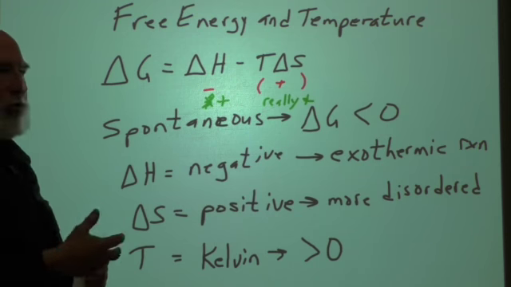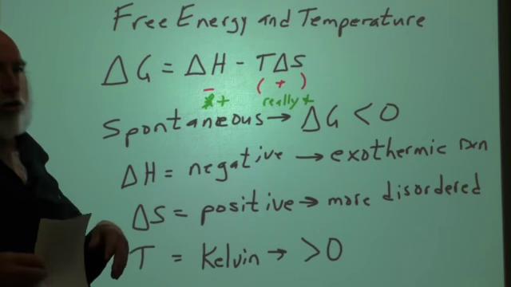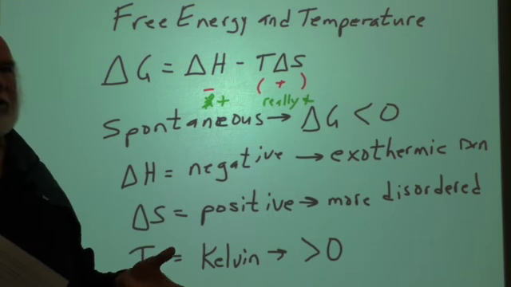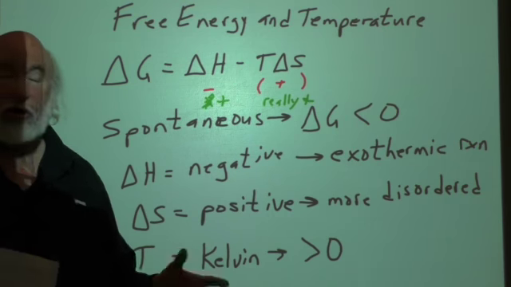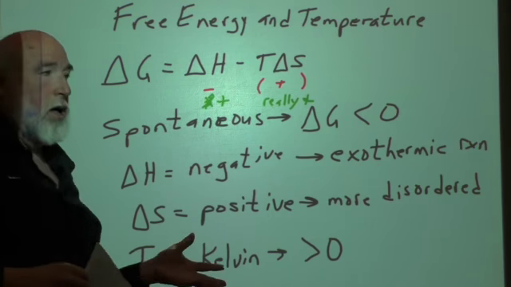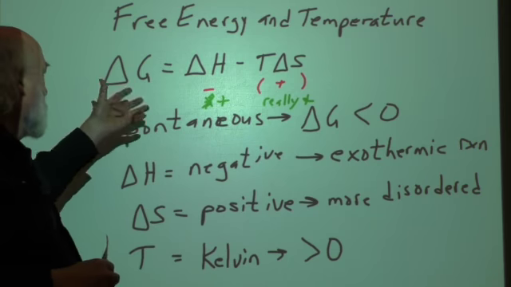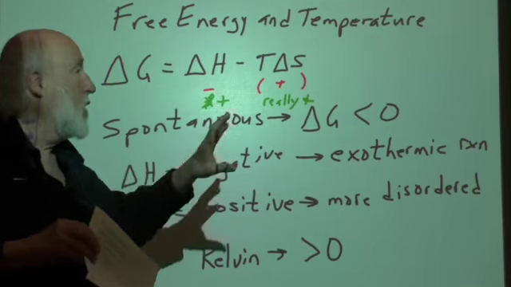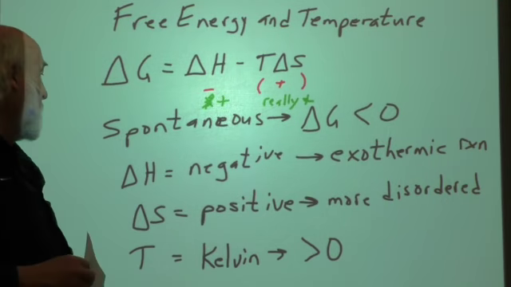If something occurs naturally, it's going to be spontaneous, and since most natural reactions tend to be exothermic, we would expect that relationship to be true. So the delta G being negative relies heavily, but not completely, on delta H being negative.